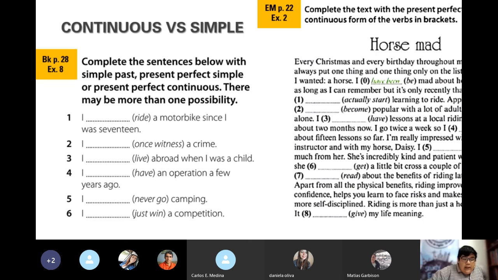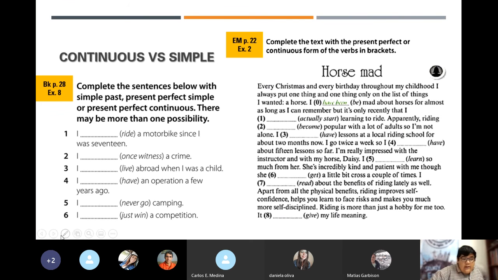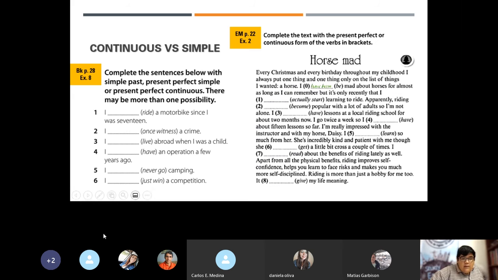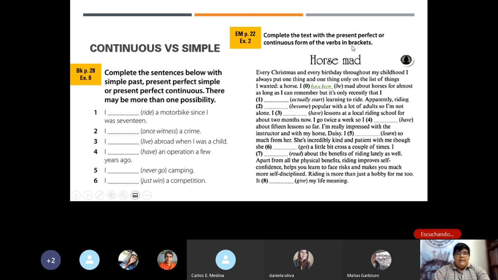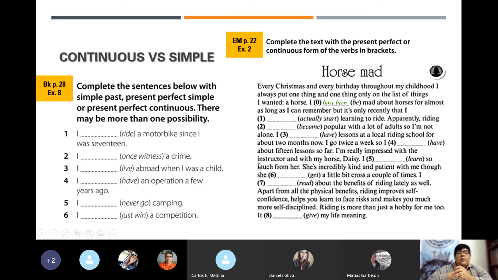Remember how we write gone? Gone, G-O-N-E, okay?